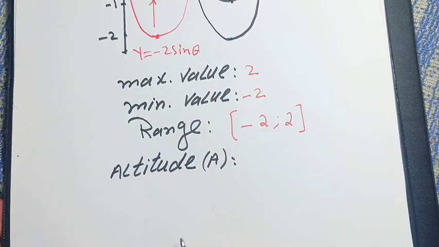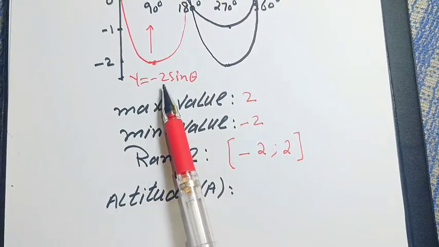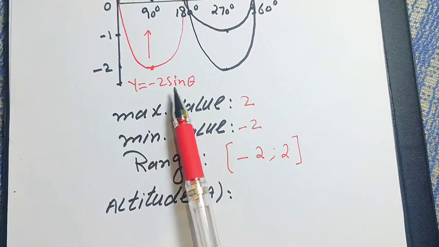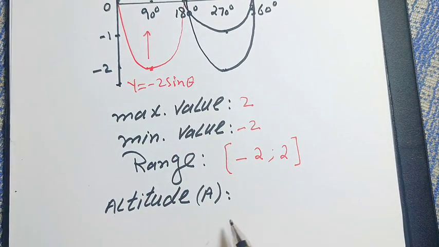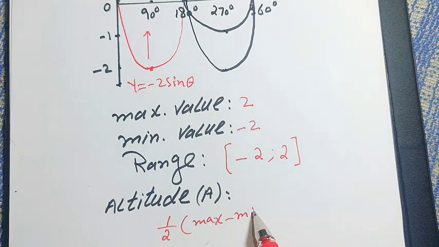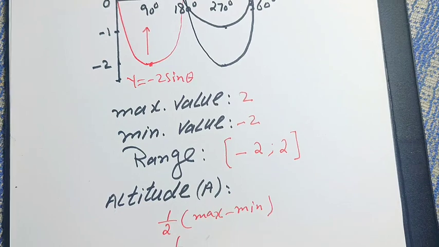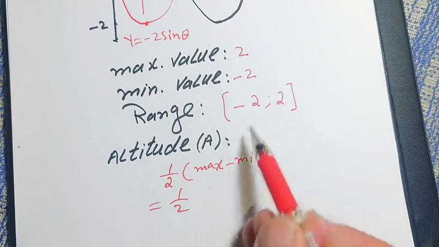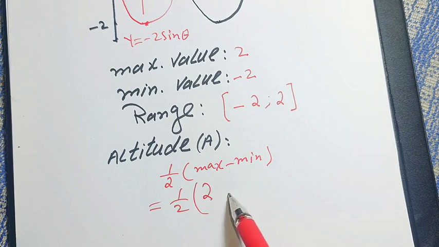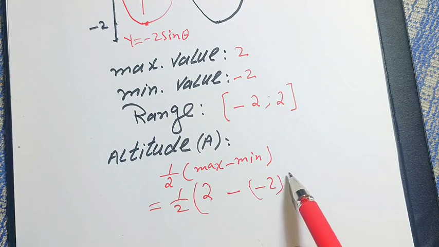Right. Now the amplitude. Say I want to find the amplitude of negative 2 sine theta. The formula says 1 over 2 times the maximum minus the minimum. So 1 over 2 times the maximum, positive 2, minus the minimum, negative 2.